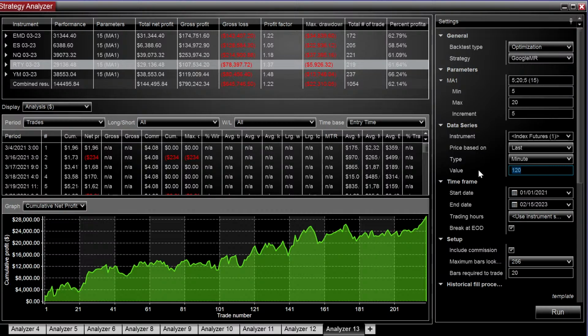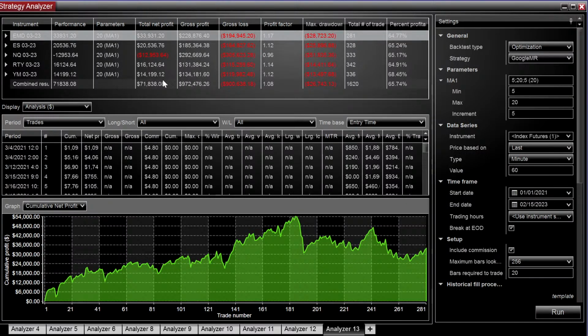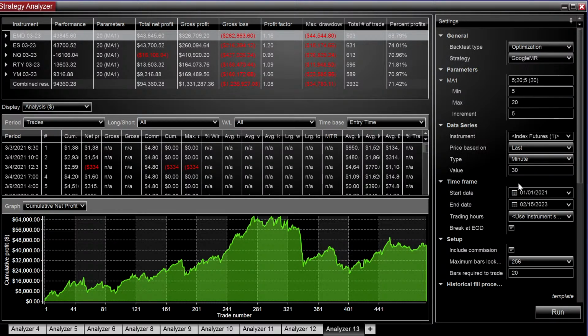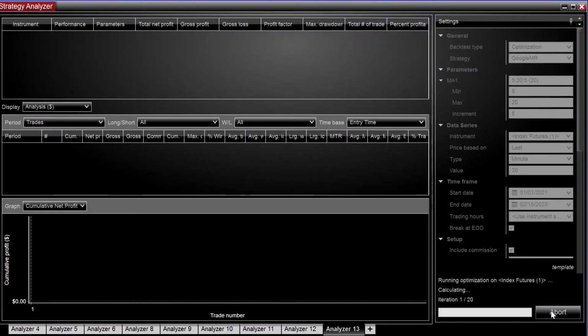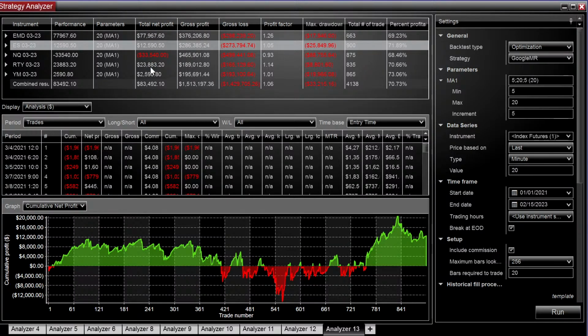But still nothing with a ratio of at least 10 to 1 on the P&L to drawdown. Very stable curve on the EMD.